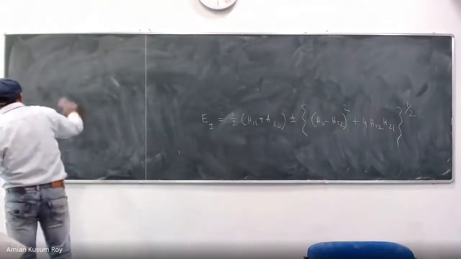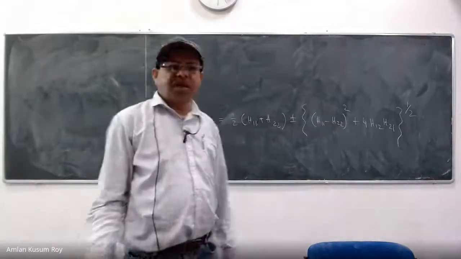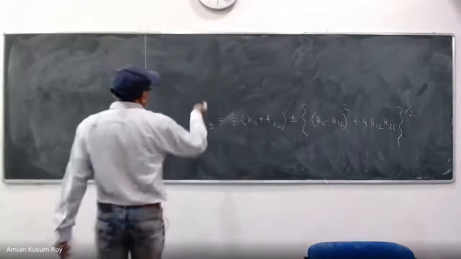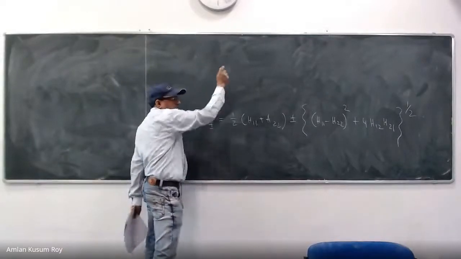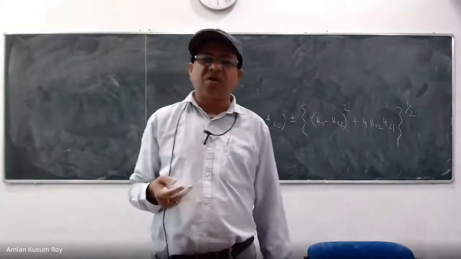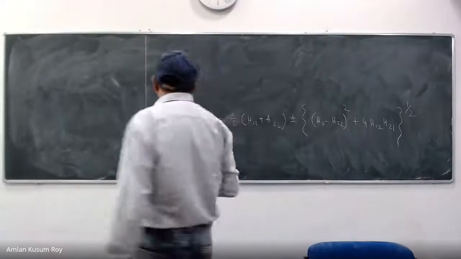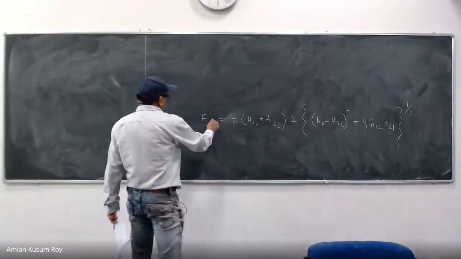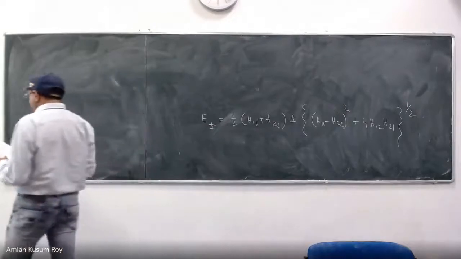E plus E minus is actually the part, after you have written psi as a linear combination of psi 1 0 plus psi 2 0. There are only two states, so I have written it as a complete orthonormal set. Determinant is 0. Very good. E plus E minus is actually a measure of the perturbation which is going to happen.